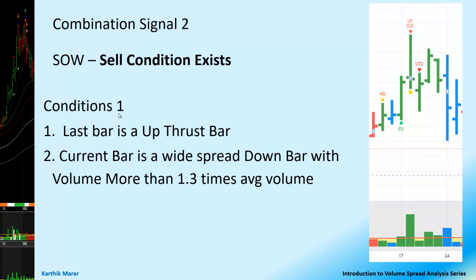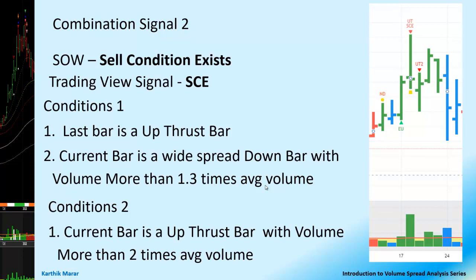The first condition is the last bar is an upthrust bar, and the current bar is a widespread down bar with a volume more than 1.3 times the average volume. And the second condition is that the current bar is an upthrust bar with volume more than 2 times the average volume. In TradingView, the signal is called SCE, or the selling condition exists.